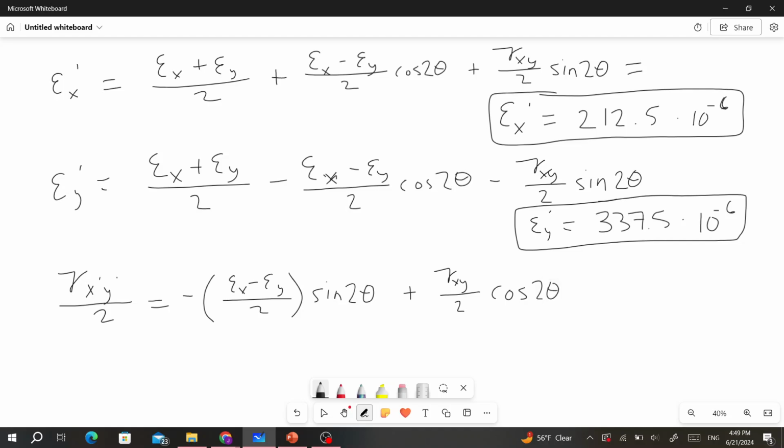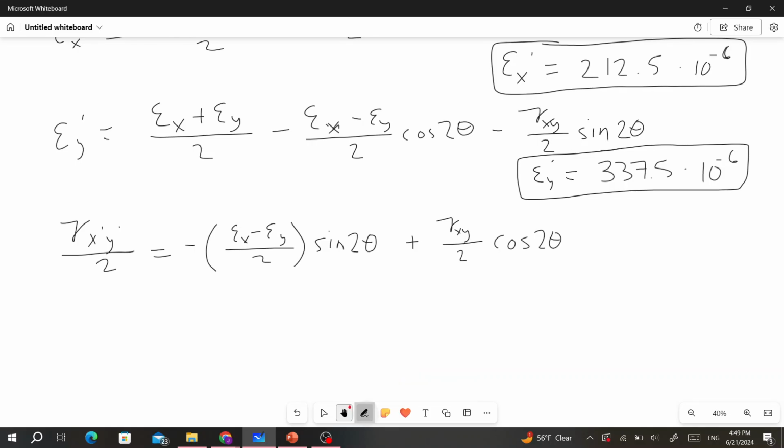Once again, plug that into our calculator, and we'll get that gamma x prime y prime divided by 2 is equal to 108.25 microstrain.